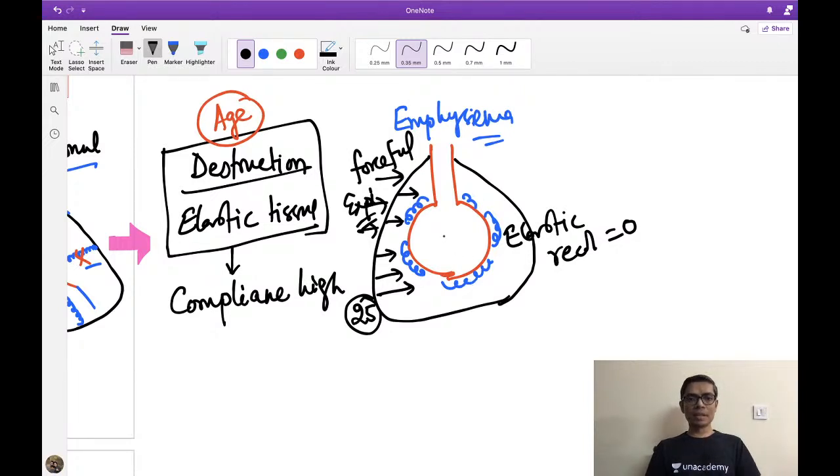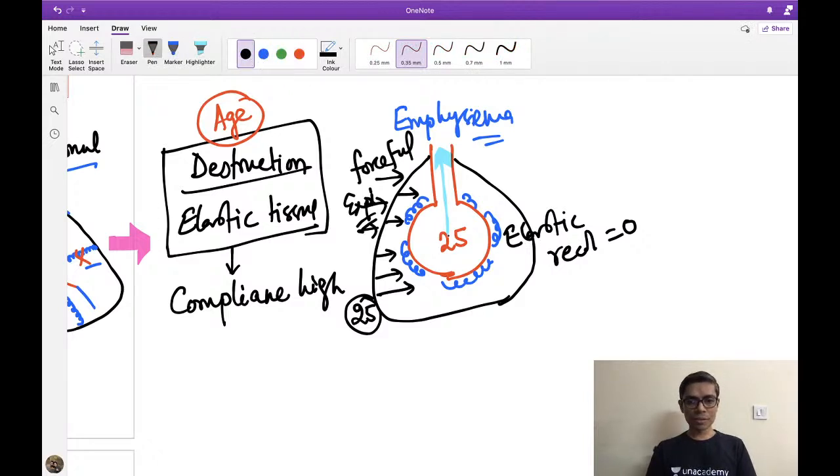So what will happen? The net or total force applied on this alveoli is nothing but the force applied from the chest wall. With this 25 millimeter of mercury force, when the air is going out of this alveoli, this pressure will drop gradually.